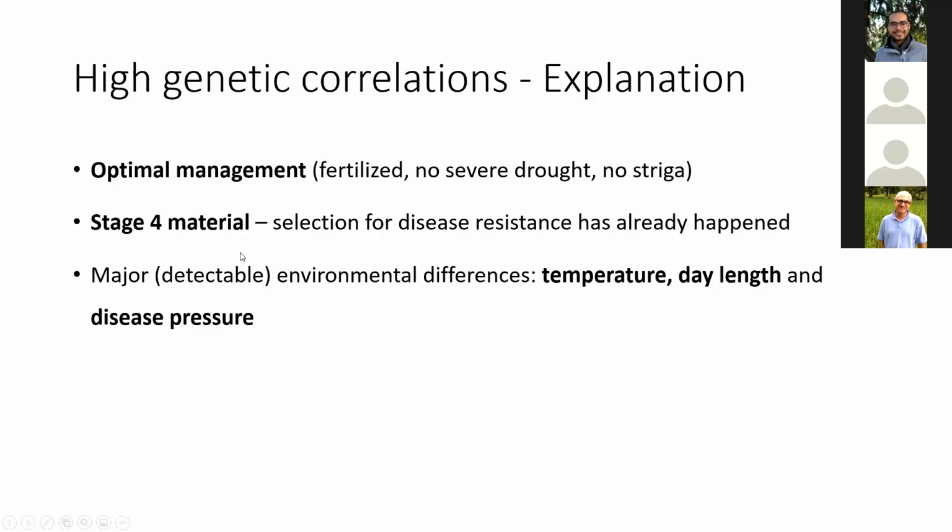And under optimal management, the major, at least detectable, environmental differences were temperature and day length. I mentioned disease pressure already, and these had an effect, but apparently the effect was not strong enough to justify a subdivision into more environments.